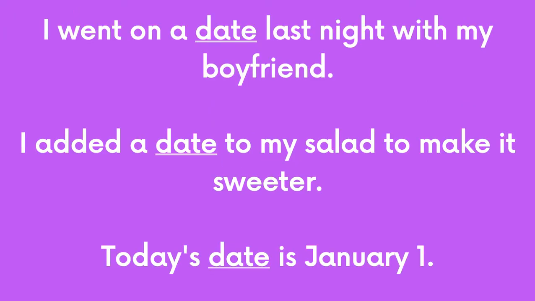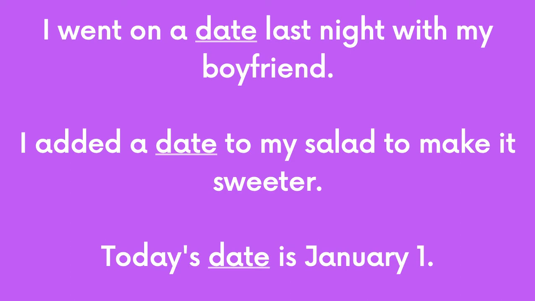So our first sentence says, I went on a date last night with my boyfriend. So that would mean that my boyfriend and I went out somewhere, maybe to the movies, maybe out to dinner, and it was a date or a romantic outing, right?